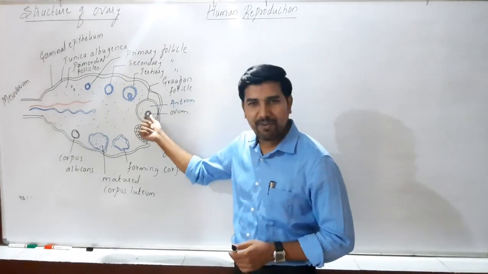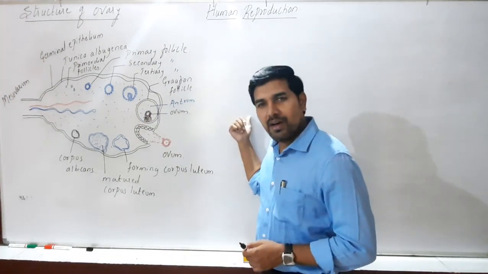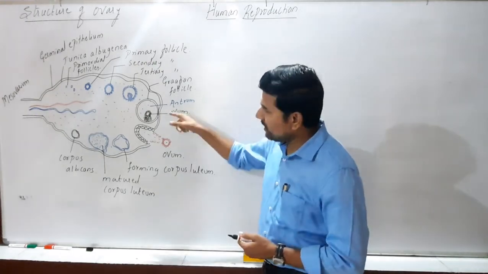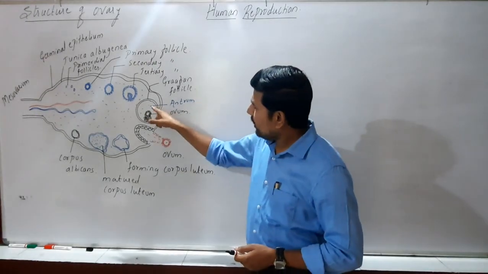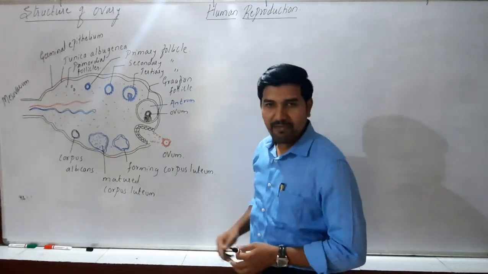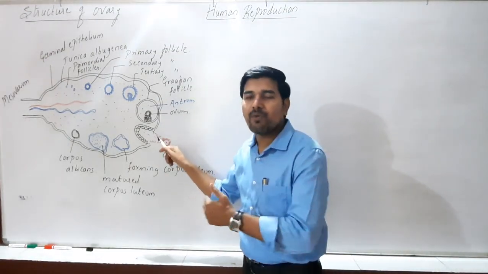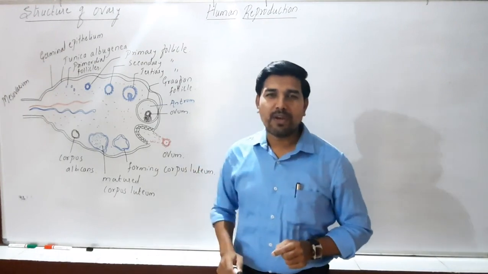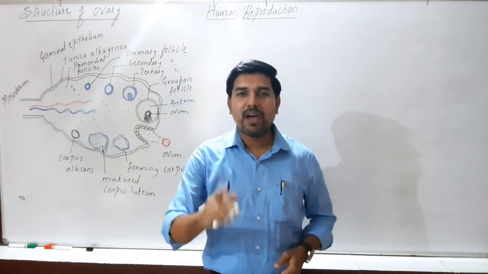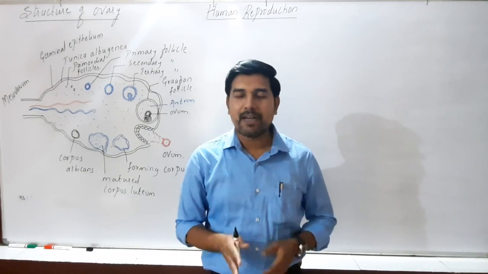Regarding the structure of the Graafian follicle, we are going to look at it separately later. Now from the Graafian follicle, the ovum is released and the process is called ovulation. This process of ovulation occurs exactly on the 14th day of the menstrual cycle.